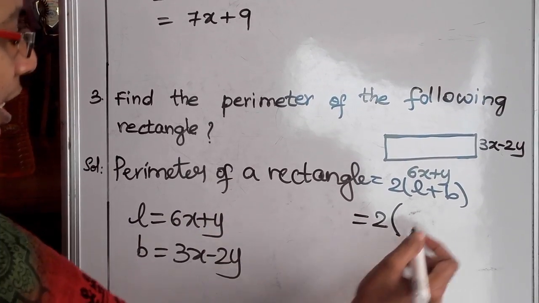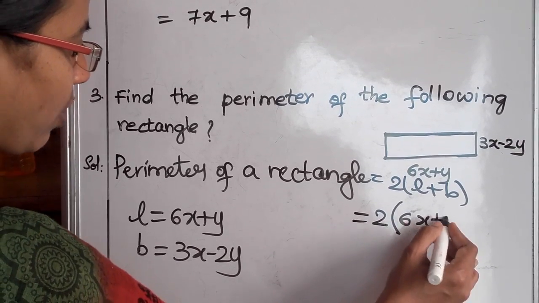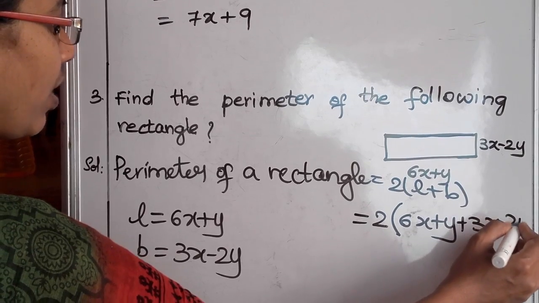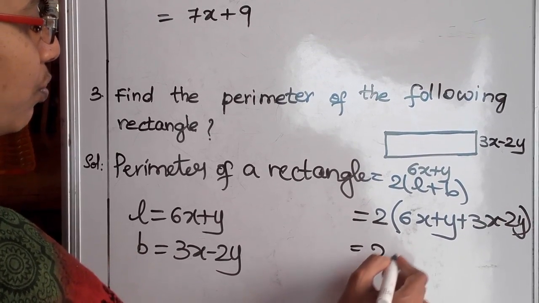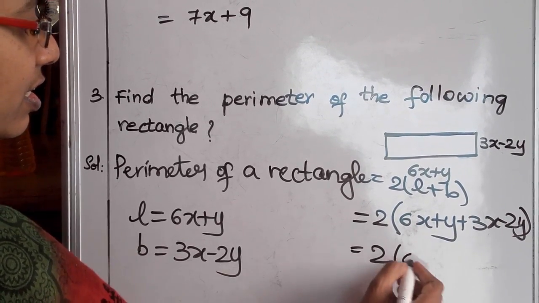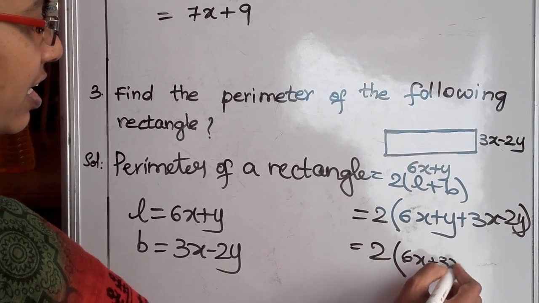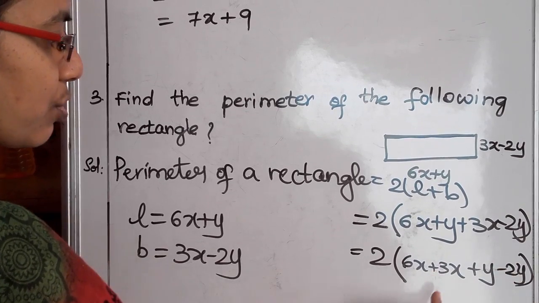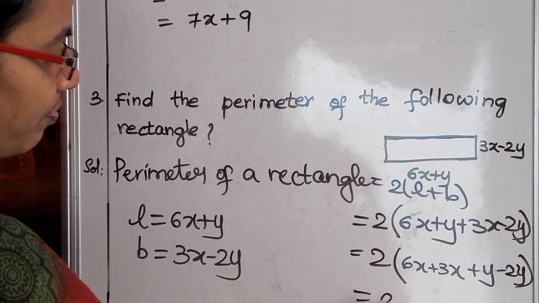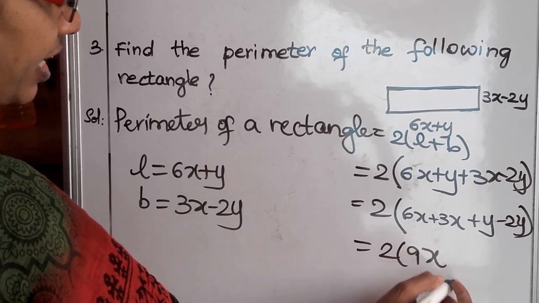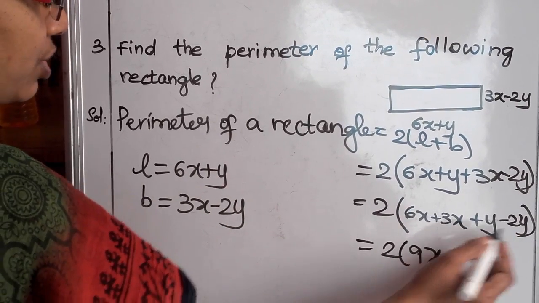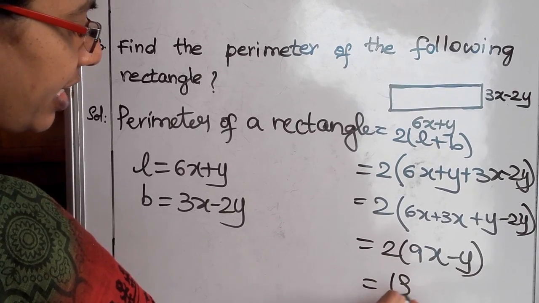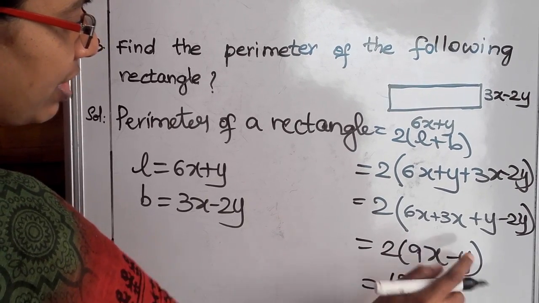So now let us substitute. 2 into L is 6x plus y, B is 3x minus 2y. So now 2 into 6x plus 3x plus y minus 2y. 6 plus 3 is 9, 9x plus y minus 2y is minus y. 2 nines are 18x, 2 ones are 2.